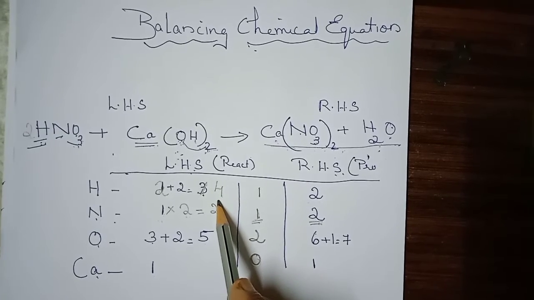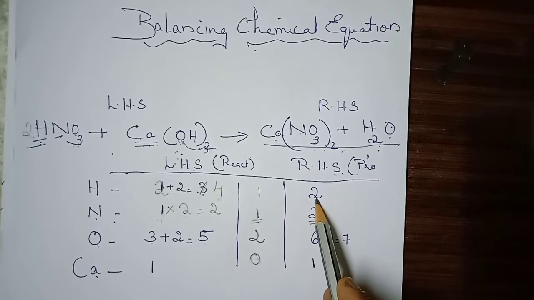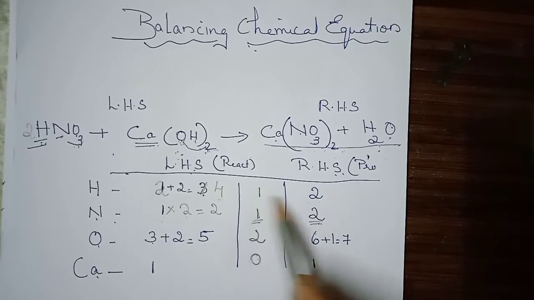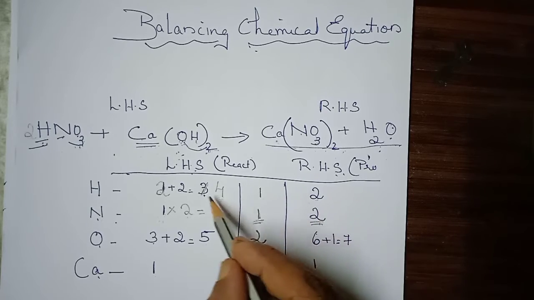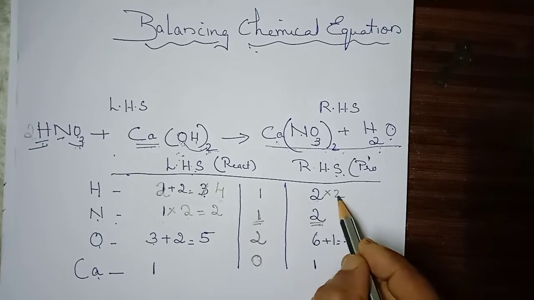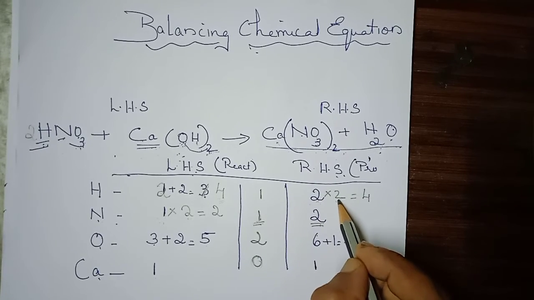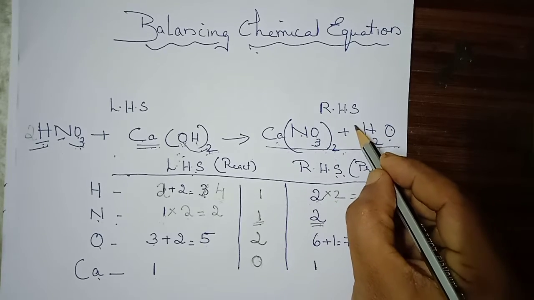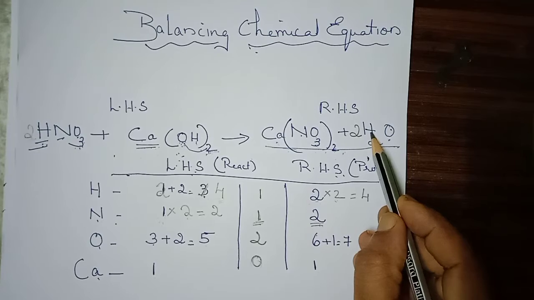Now what has happened? Now this is 4 and this is 2. Right, now I need to balance here. In order to get 4, what will I do? I multiply this with 2. So 2 into 2 equal 4. Now where will I put this 2? I put this 2 in front of hydrogen in the product side.